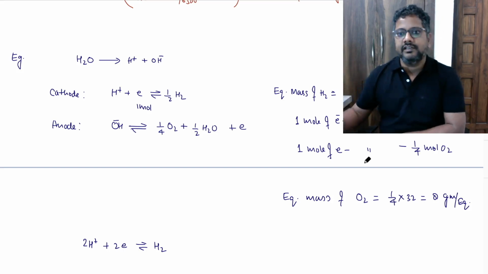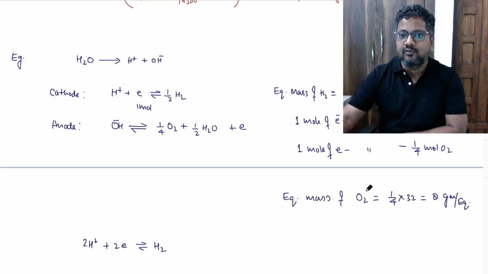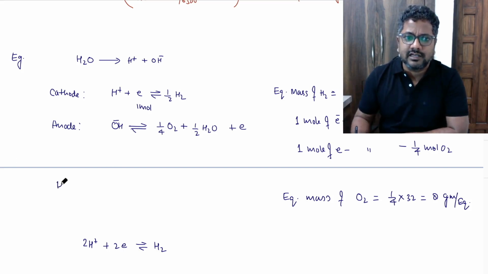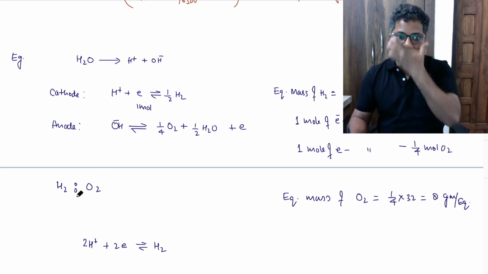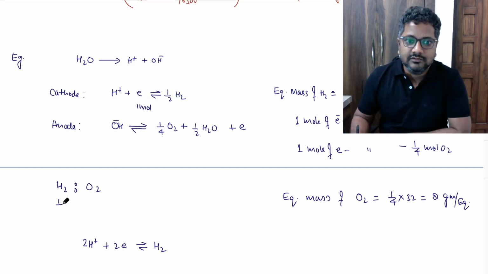So in this way, you can find the molar ratio of hydrogen and oxygen gas released in the electrolysis, because sometimes you will get direct questions on this. So the molar ratio or volume ratio of hydrogen and oxygen in the electrolysis of water: this is half mole, and this is 1/4 mole.